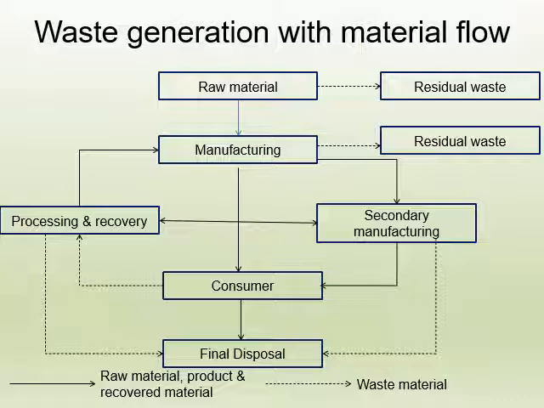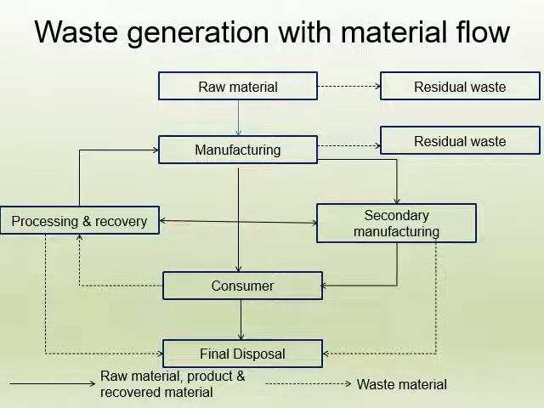So the consumer is using the products and generating some waste material, and it will go through some processing and recovery, and from here the waste material is converted into some product. It is shown here in a firm line going to the manufacturing process.